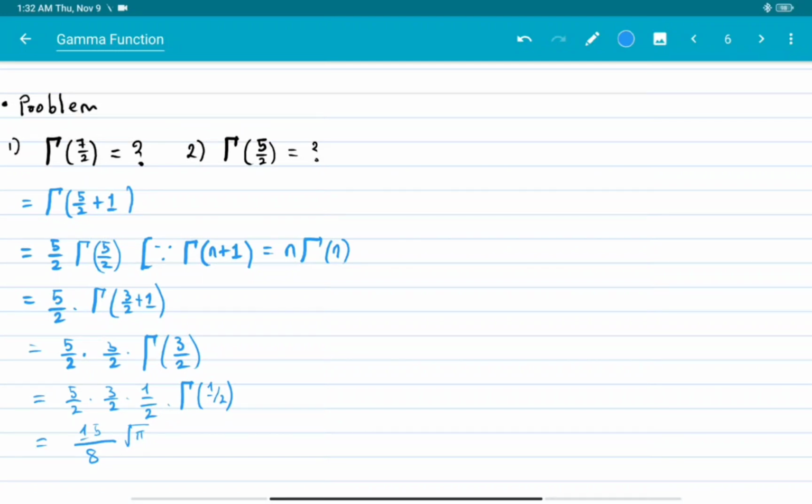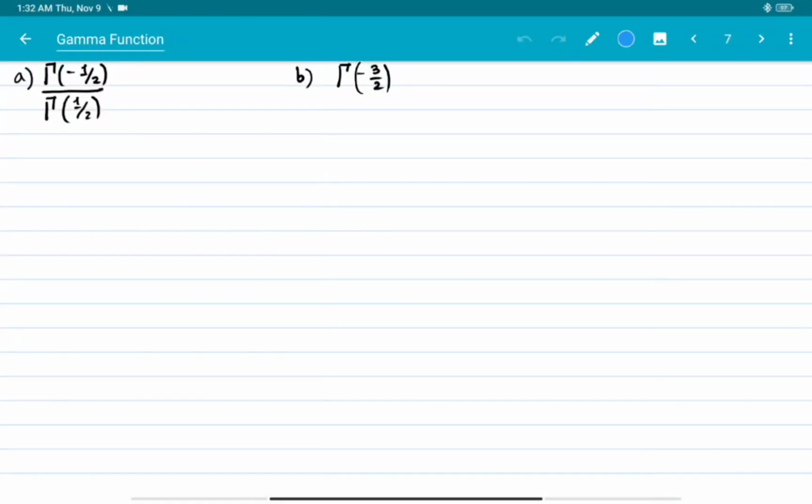Similarly, we can find gamma of 5/2. This is left to you, so you can solve it out.